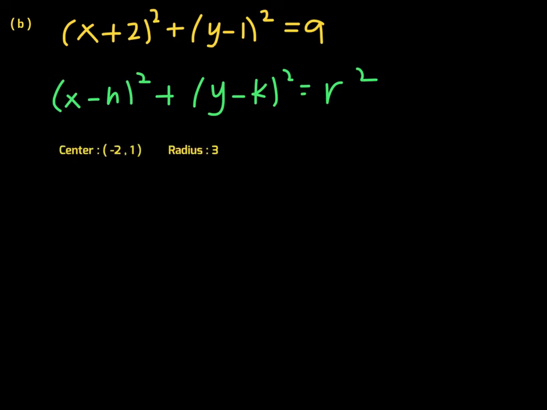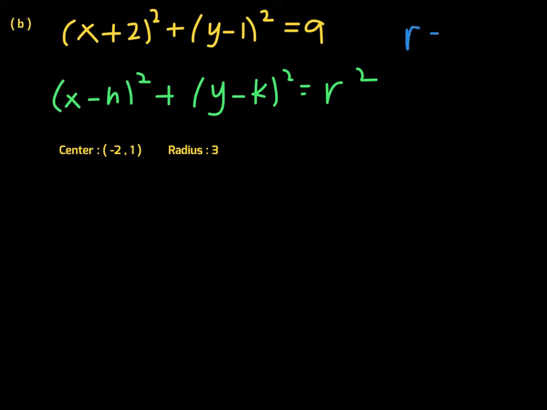So I've written down the center as negative 2, positive 1, and notice that I wrote the radius as 3. Because remember, 9 is not the radius. 9 is what you get when you square the radius. So I want you to be thinking, what number do I square to get 9? Oh, 3. Or if you'd like, whatever number this is right here that the equation is equal to, just take the square root of that number.